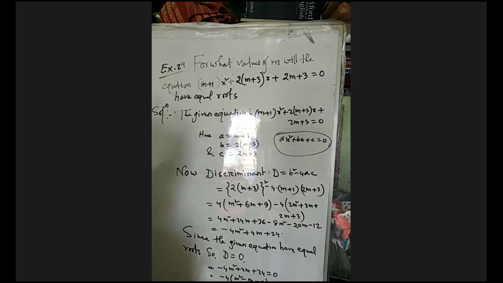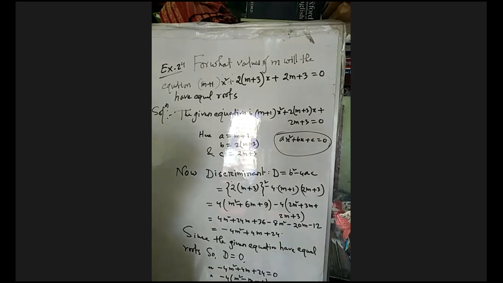Now taking the middle term, m² minus 6m, so m² minus 3m plus 2m minus 6 equals 0. Dividing by 4 on both sides. Okay, dividing by 4 on both sides. You have to write side notes. Now taking m common, m(m minus 3) plus 2(m minus 3) equals 0.